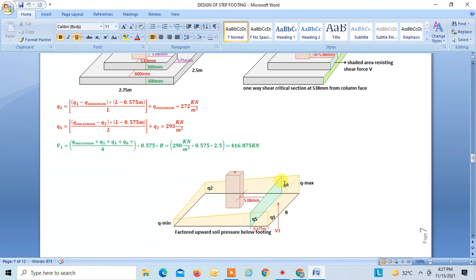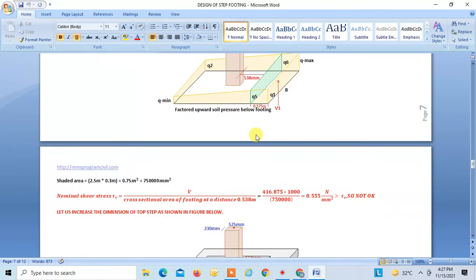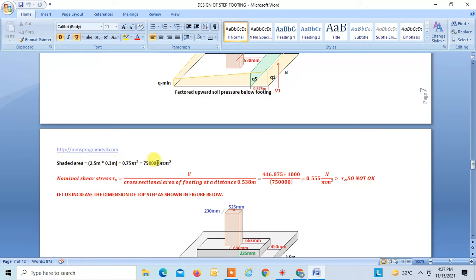Now this shear force has to be resisted by this shaded section, right? The area of that shaded section is found to be 750000 mm square.